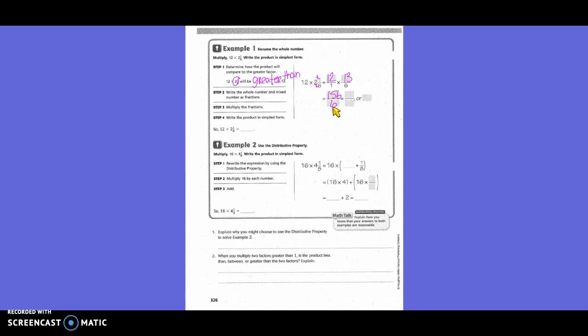Could we have technically simplified this before we got started? Yes. So we could have made this a 6 or this a 1 and this a 6 or a 2, right? So we could have simplified and then we wouldn't have had quite as big a number. But how many times does 6 go into 156?